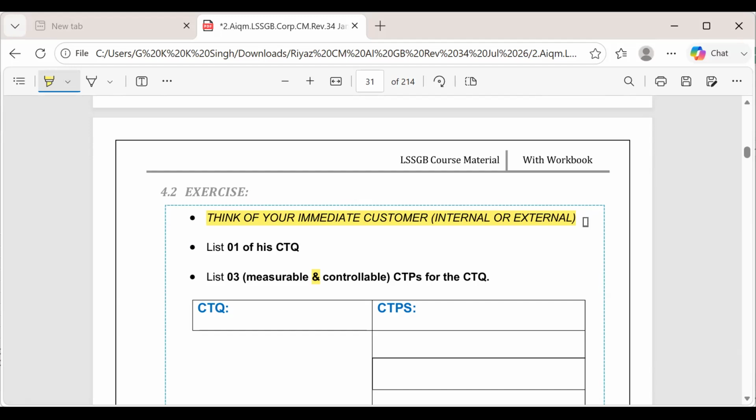Then list one CTQ, critical to quality, to satisfy your senior. What you have to take care of, critical to quality, and list 3 CTPs to achieve the CTQ.